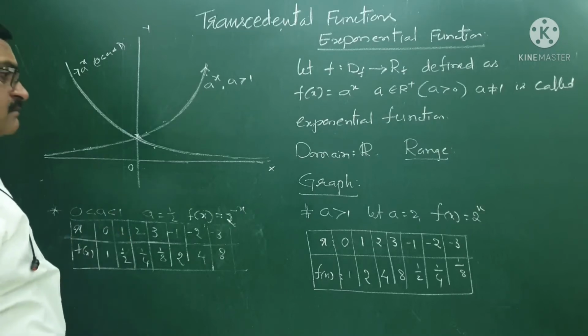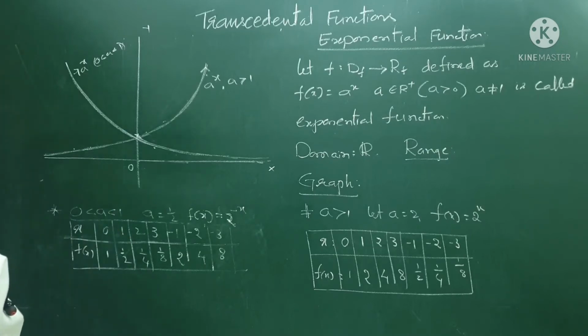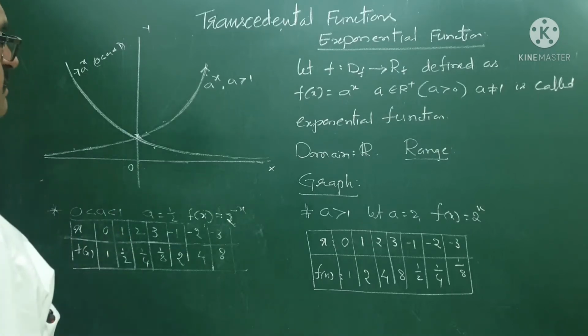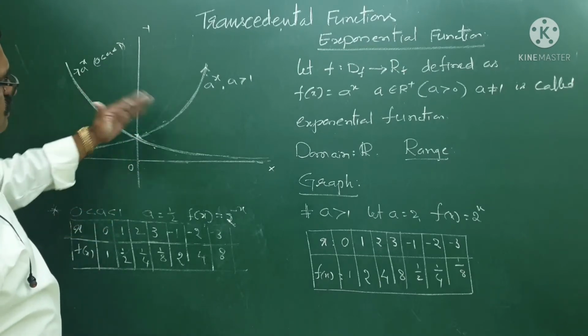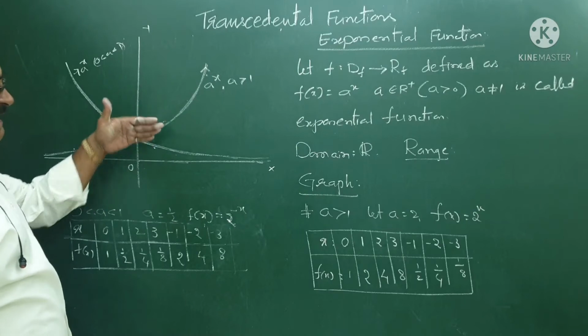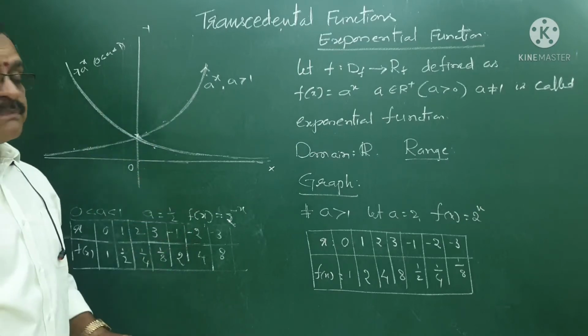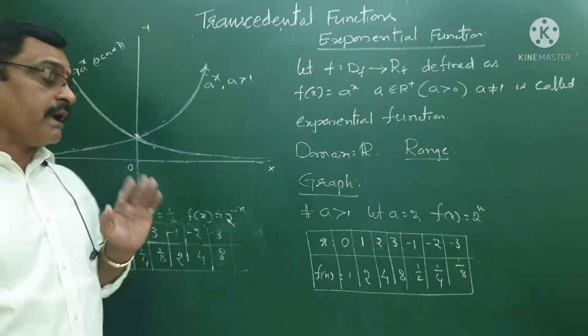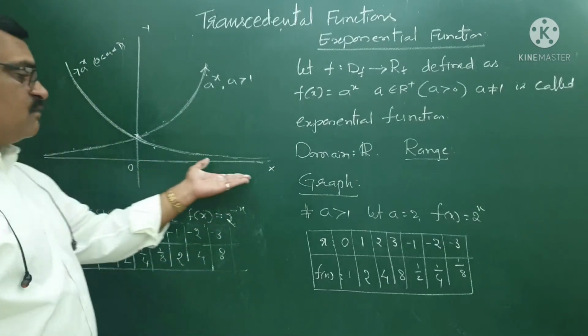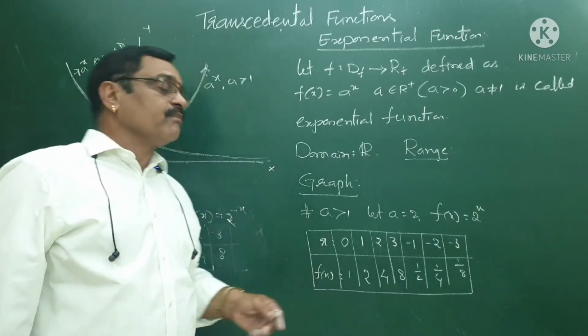Now this is the graph. So if we try to find the range of the function using the graph, if you observe carefully, in both graphs, in either case, the graph is not coming down. That means a power x will never be negative. The lower bound is almost 0 at the bottom.